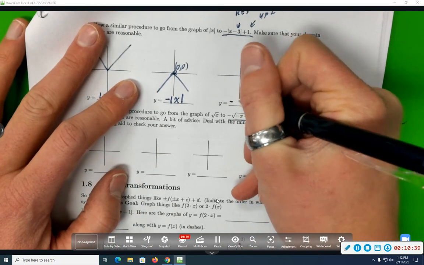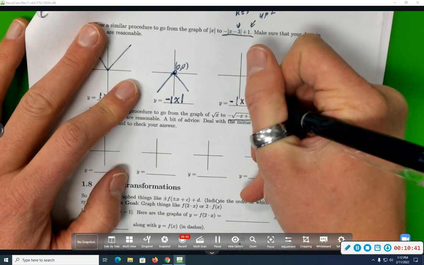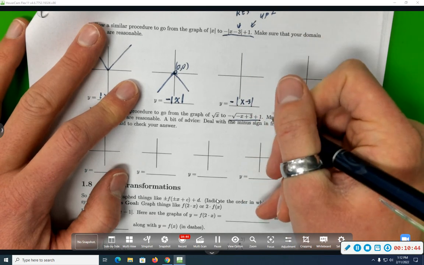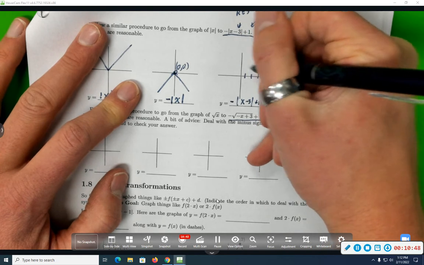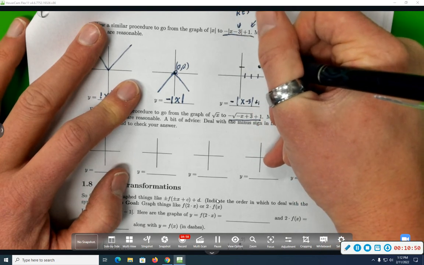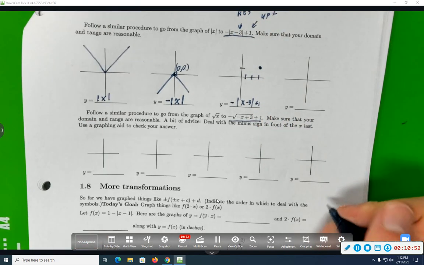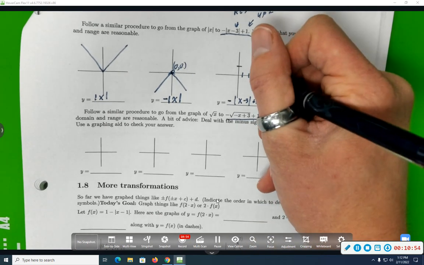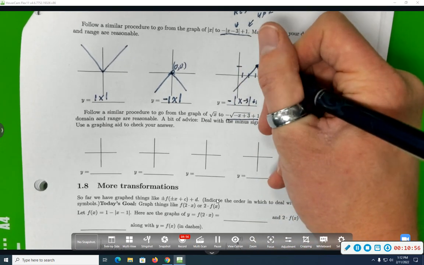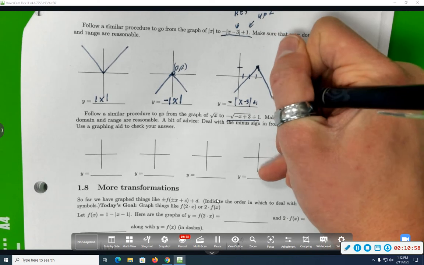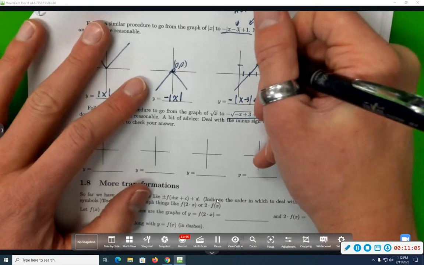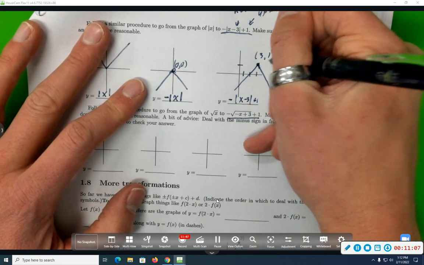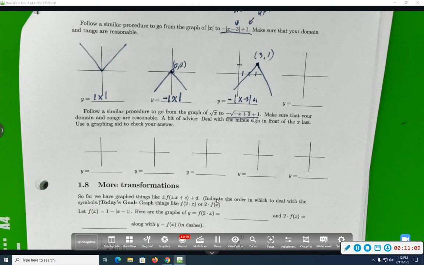So the graph of negative absolute value of x minus 3, plus 1: this point will go 1, 2, 3, up 1. And then it'll have that same absolute-value-looking shape. And let's label that: 3, 1. People feel pretty good?